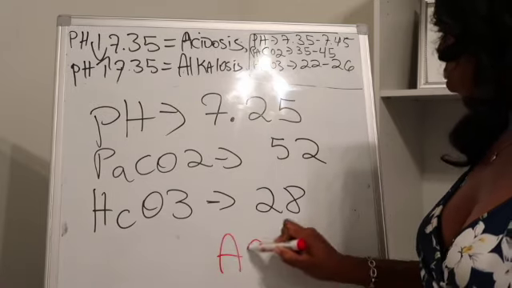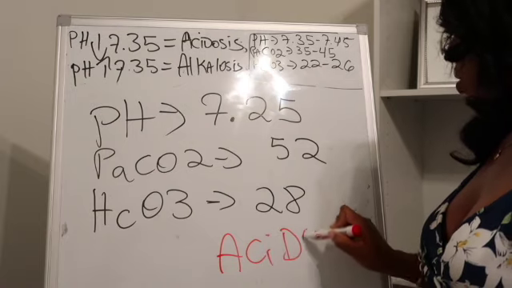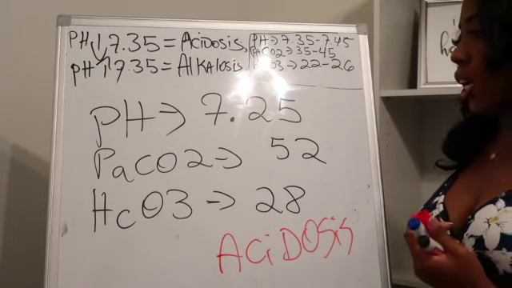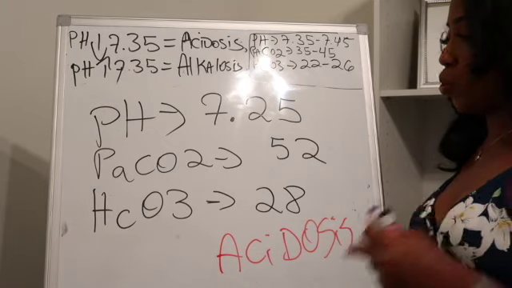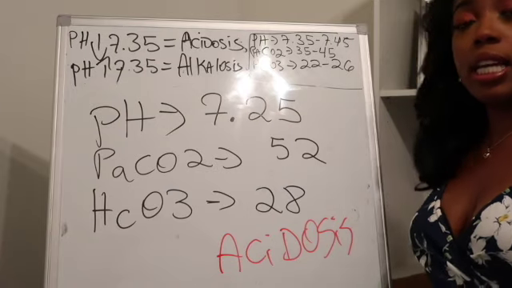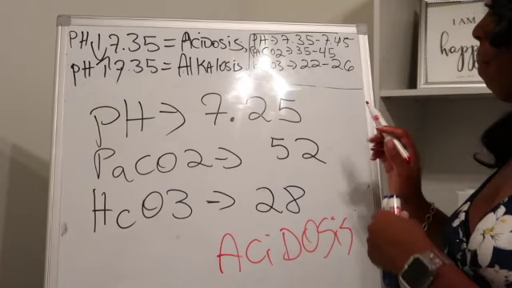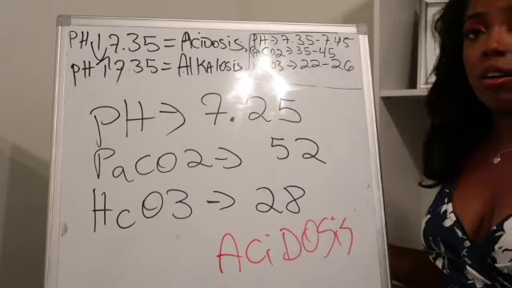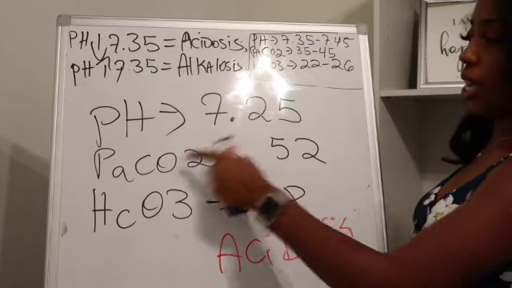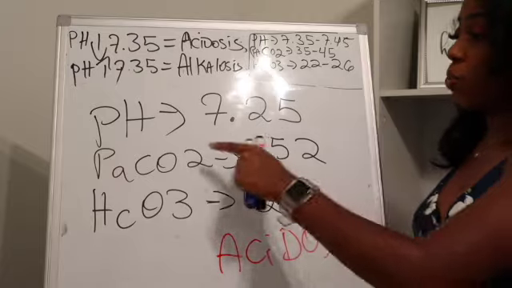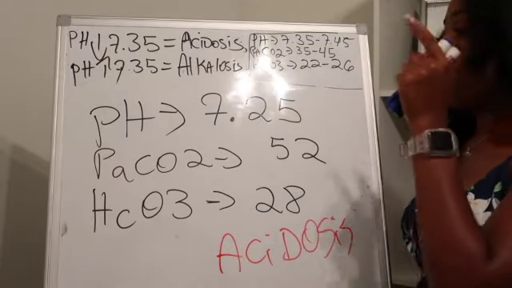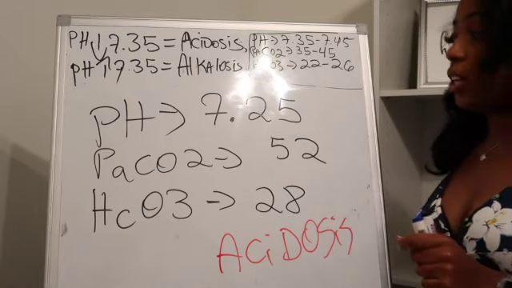So we want to know, before we used to say if PaCO2 is wrong, it's automatically the lung, so it's going to be respiratory. But if HCO3 is wrong, something is wrong with the kidneys, so it's going to be metabolic. But this time, both of them are off, right? But remember, we did the matching. PaCO2 means it's more acidic, okay? So the more PaCO2, the more acidic the patient is.